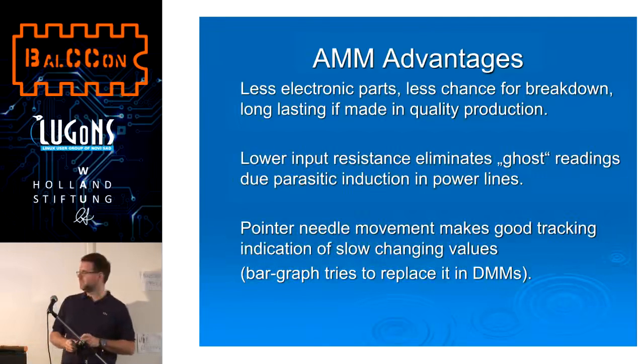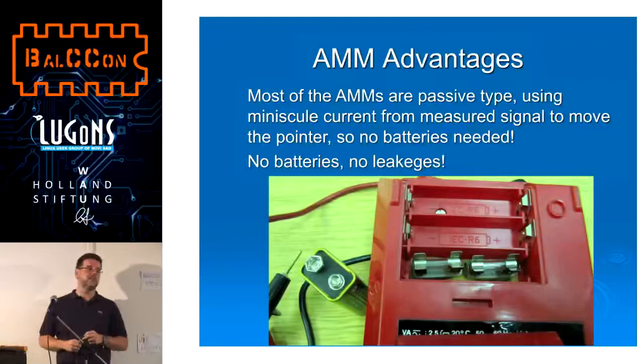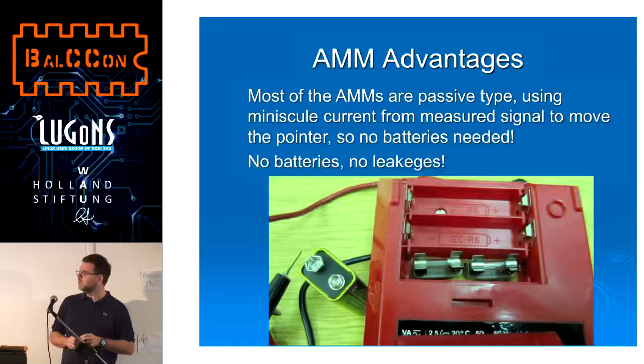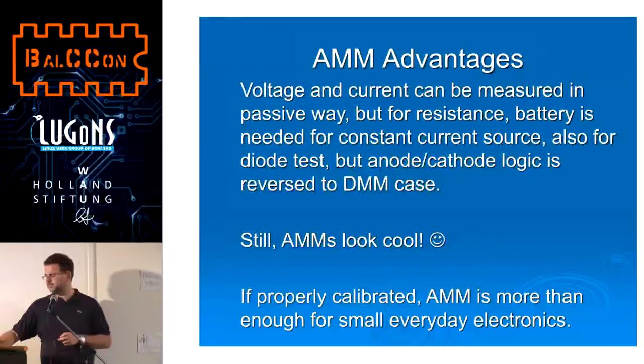But what is interesting, most analog multimeters can measure voltage and current without any batteries. That's because a small amount of current is being stolen from the value that you are measuring, and the needle is moving by this small current.